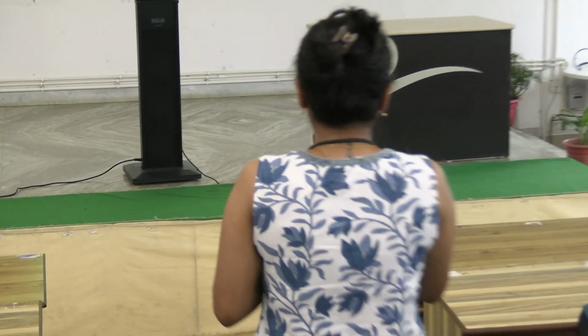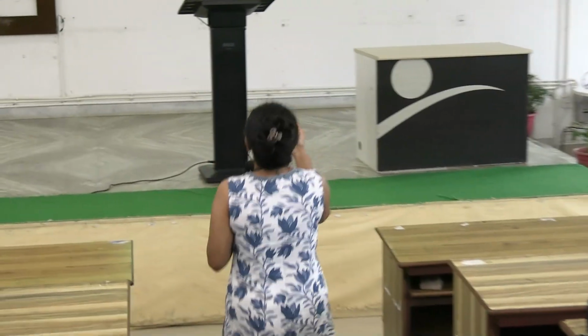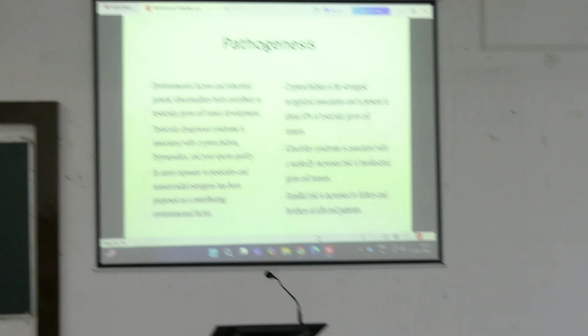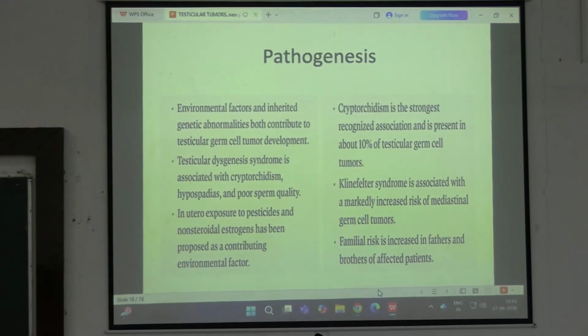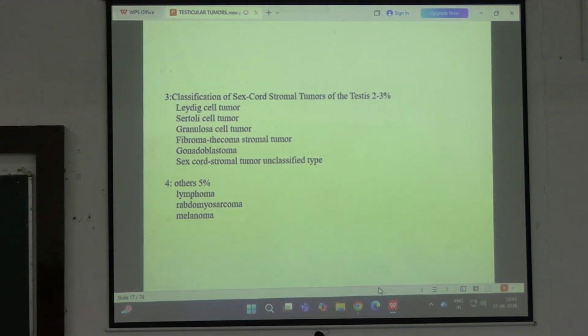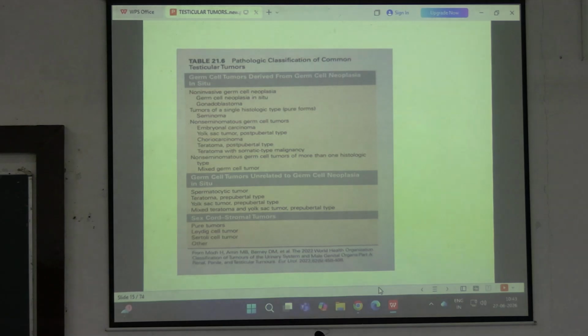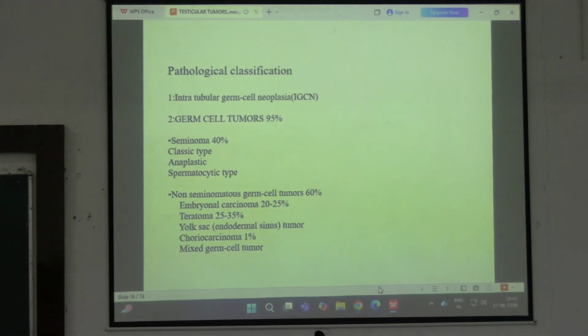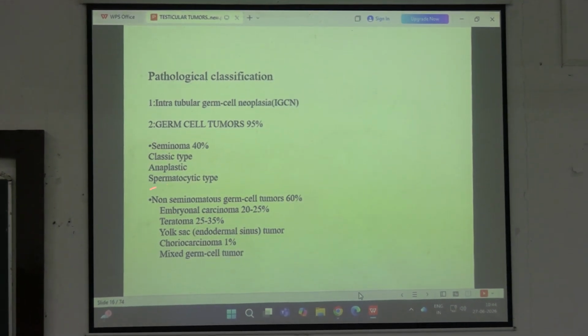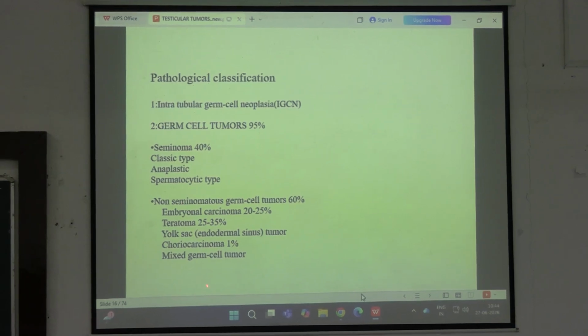Okay. Now we'll go to the pathogenesis. Okay, not everything is important for you. You just know the classic type and the spermatocytic type in seminoma. Non-seminomatous also, you know the names.